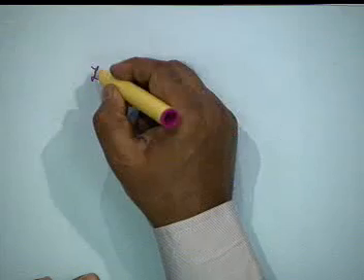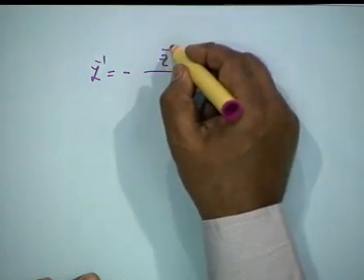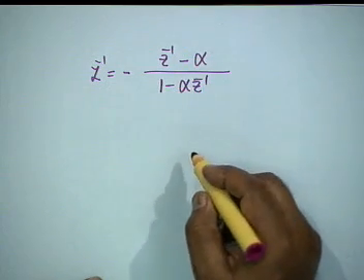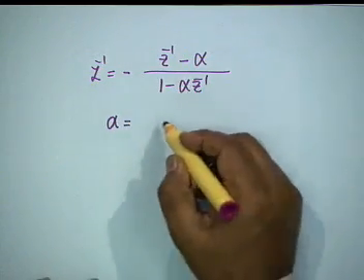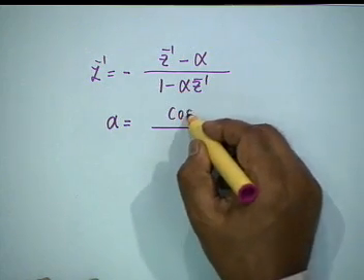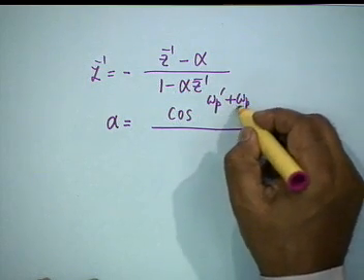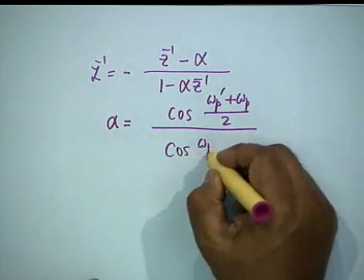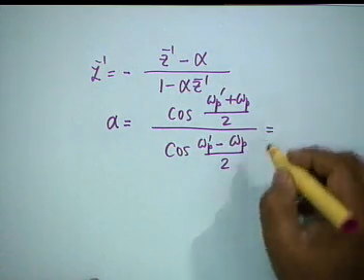from low pass to high pass, as we know, is capital Z inverse equal to minus (z inverse minus alpha) divided by (1 minus alpha z inverse), where the only parameter to be calculated is alpha, and alpha is cosine of (omega p prime plus omega p) divided by 2, divided by cosine of (omega p prime minus omega p) divided by 2.